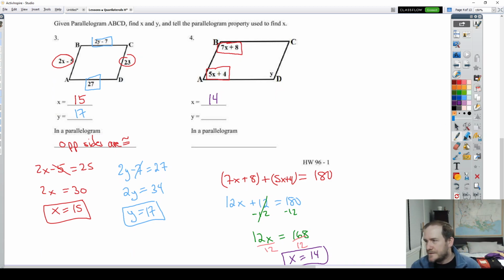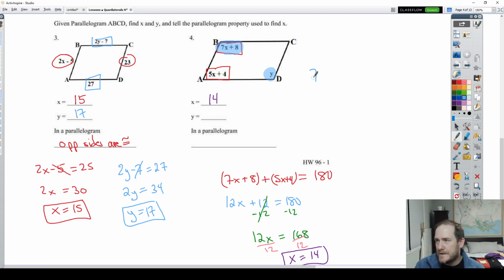Alright, and so now to solve for y, well now you've got y, and it's opposite from 7x plus 8. So if you could figure out angle B, then angle D, meaning y, would be the same thing. So of course we can. We just take the 7x plus 8 and we substitute the value of x that we just found.